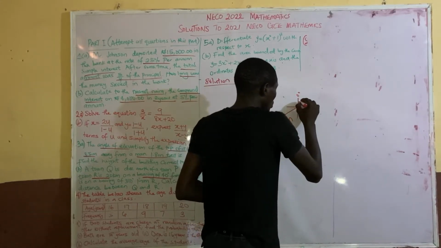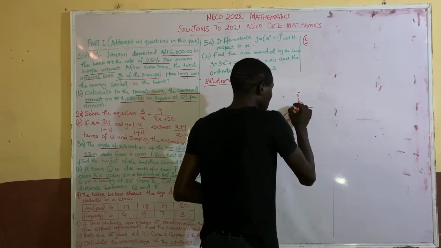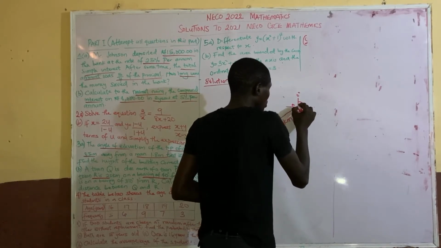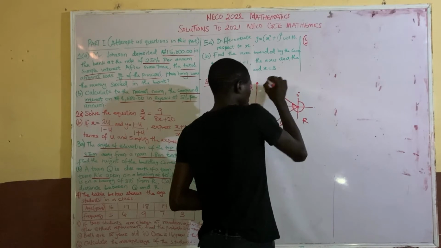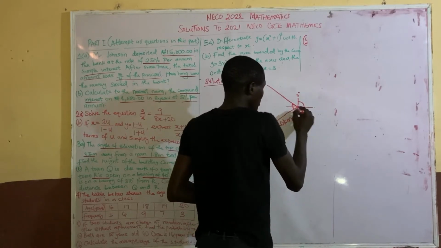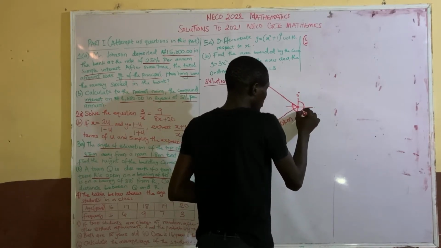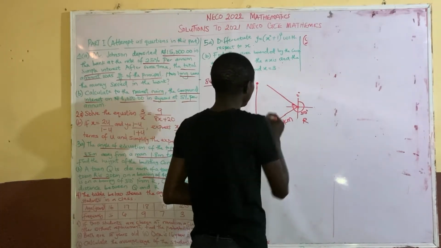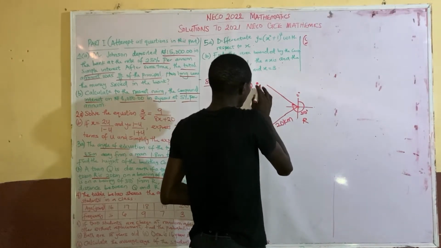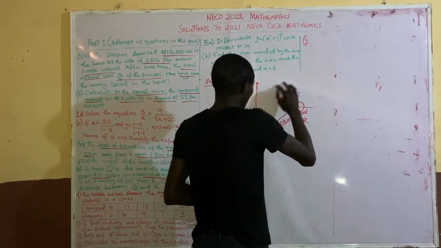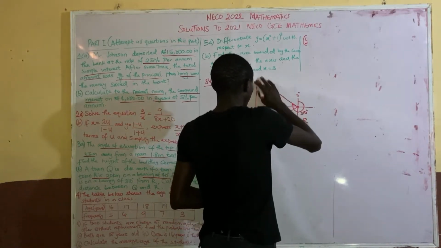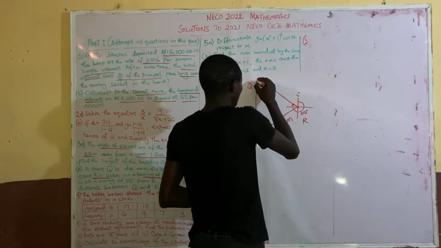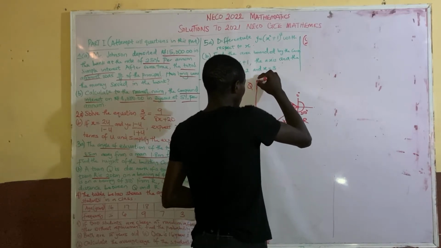So you start drawing like this, and your 310 falls here. You pull it out here. This place is 310, the whole angle here is 310. So you pull it out to the point of Q. Let's join it together.